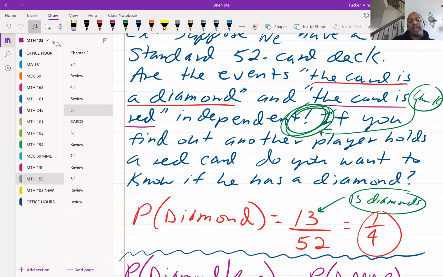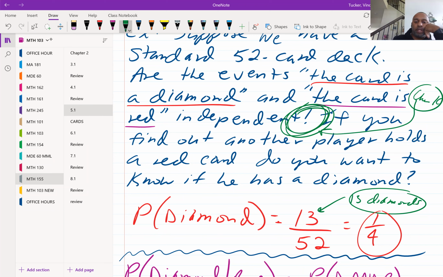First thing we do is find out the probability of getting a diamond. Next, the probability of getting a diamond, given that the card is red, because that's what we're talking about in that second statement. If you find out another player holds a red card, do you want to know if he has a diamond?